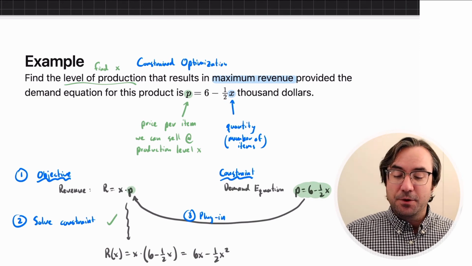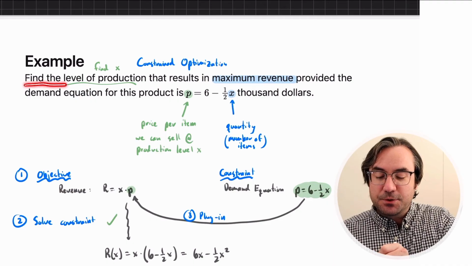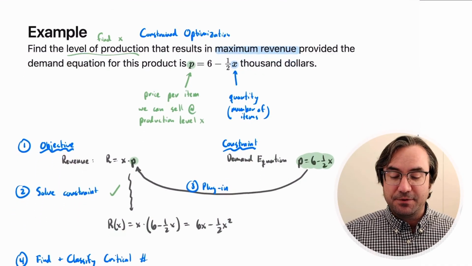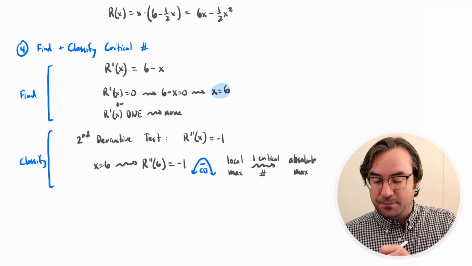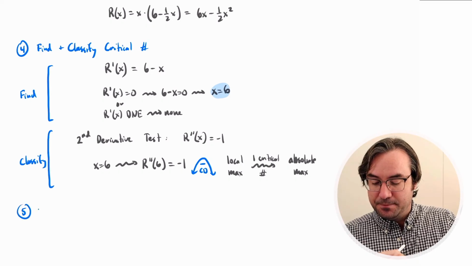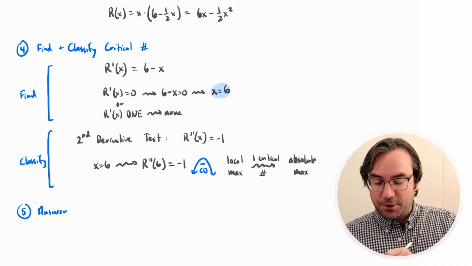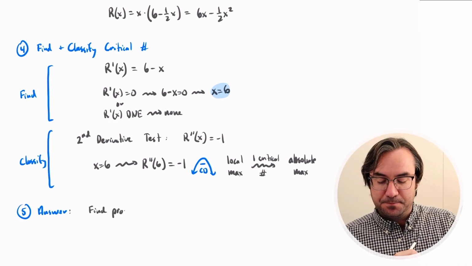So now the only thing left to do is just answer the question. And the question was really asking us to find the production level that maximizes the revenue. So it's really the last step here. The question was asking, find the production level.